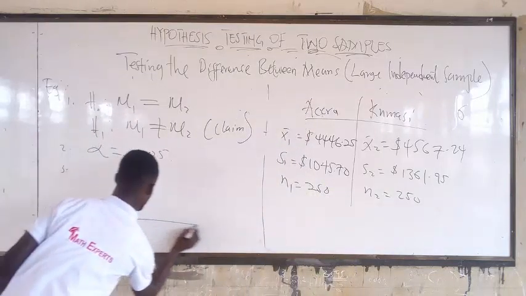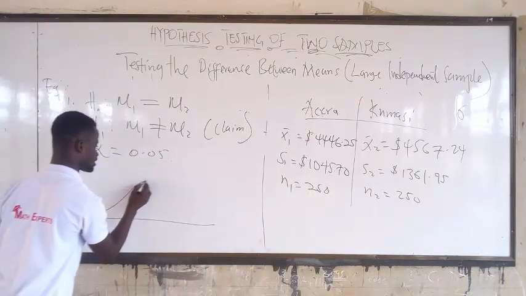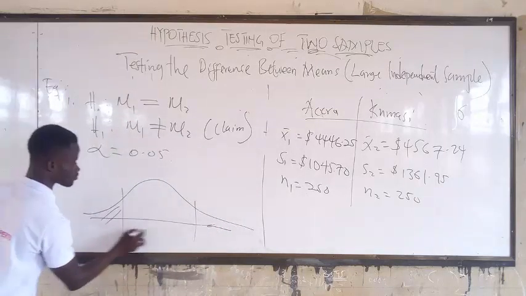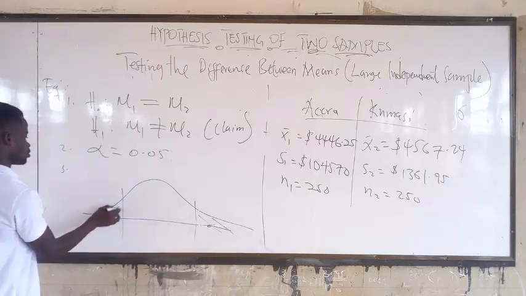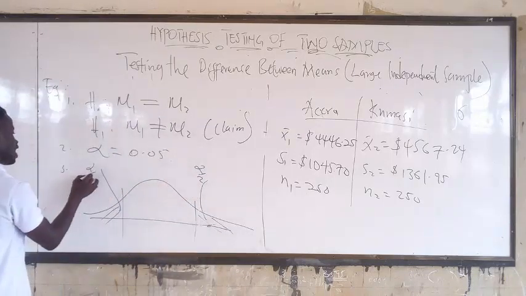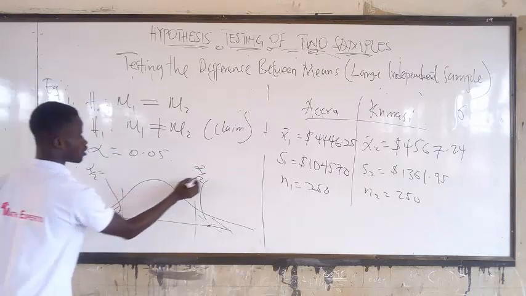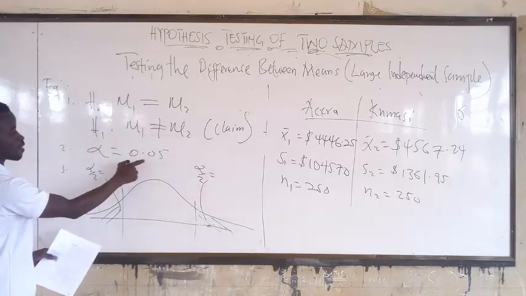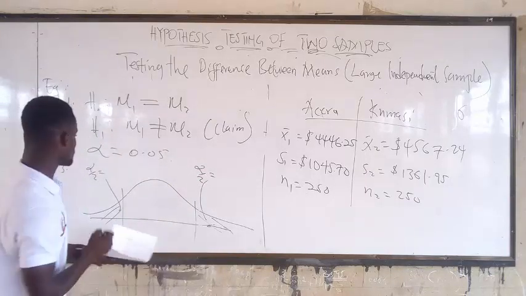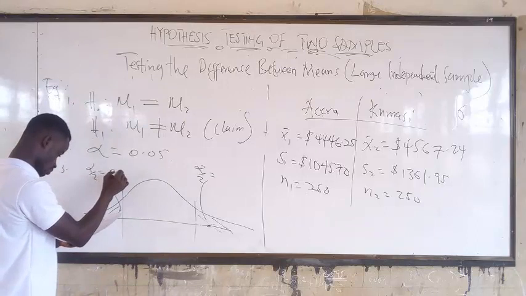So you know that it's going to be a two-tailed test, right? You know these types already. So this is going to be alpha over 2. So divide this by 2. And when you divide this by 2, what will you get? That is 0.025.